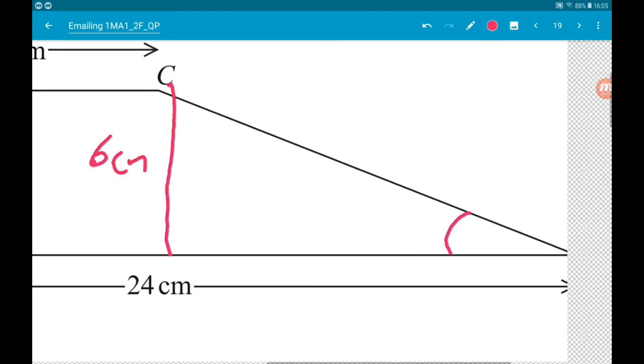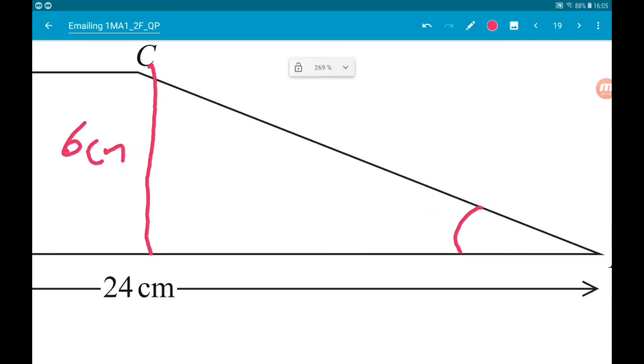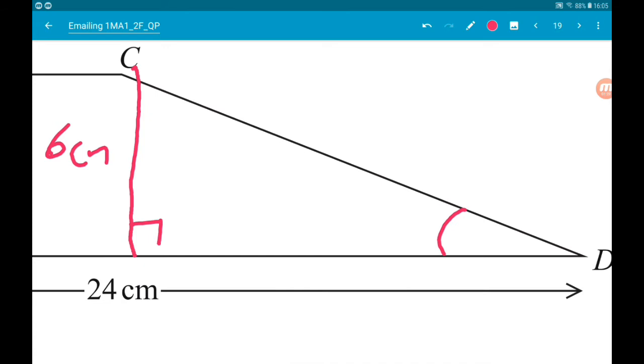Now what we've just created is a right angle triangle. In right angle triangles, you can find angles if you know two side lengths. So what we need to do is either work out the slant side or the base. Now, as it goes, we can work out the base.